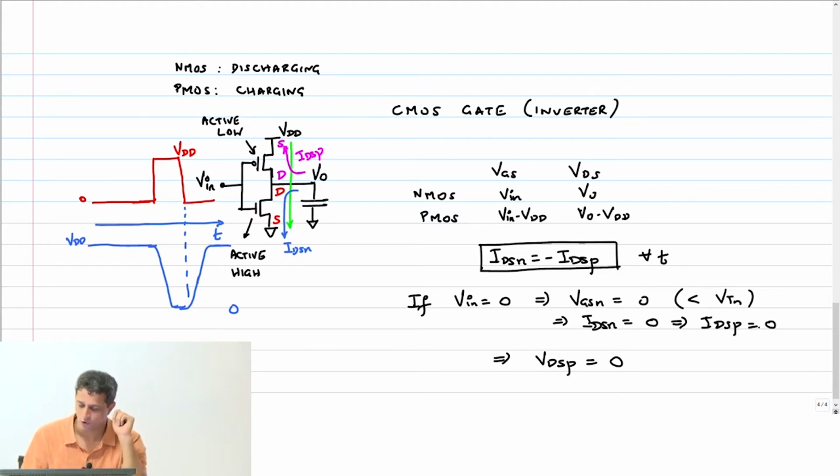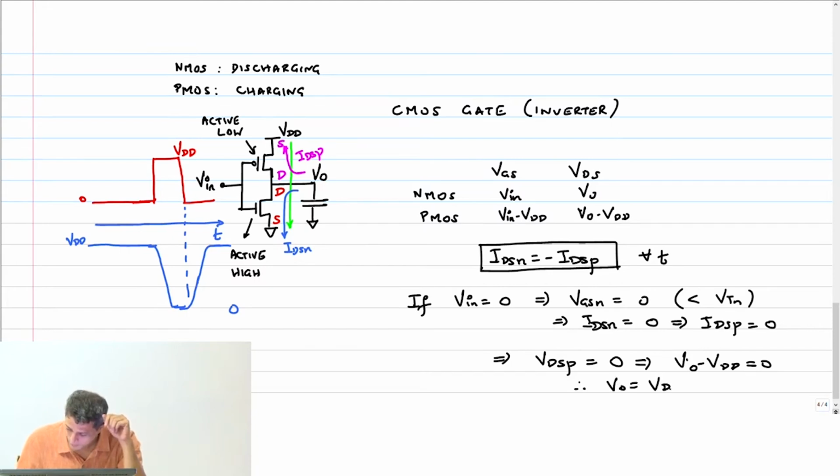So if VDSP should be 0, it implies V out minus VDD equals 0, I'm sorry, V out equals VDD. Clear? This is a more rigorous analysis of the same thing that we just discussed, where the input is low and the output will be high, because these currents have to match.